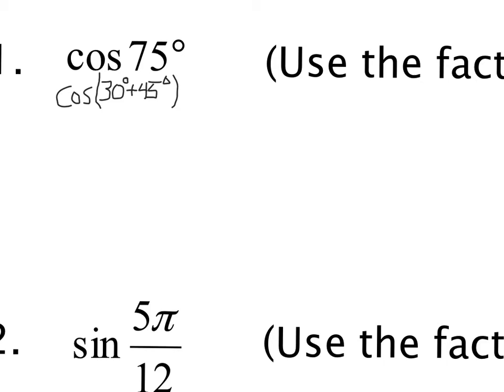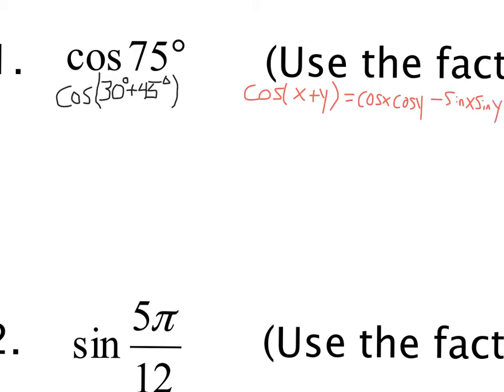Now that looks like one of those formulas we just saw on the last slide. It's a cosine of two angles being added. So it would be cosine of x plus y, which is cosine of x times cosine of y minus sine of x sine of y.